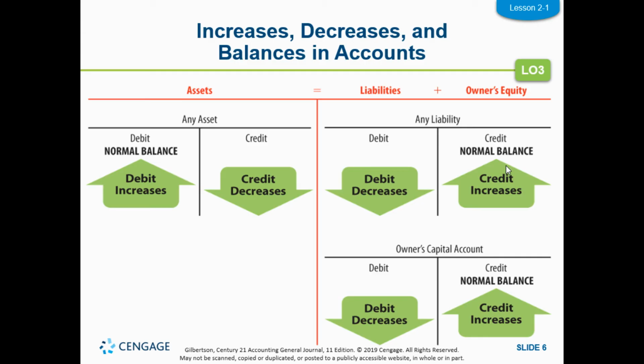Okay? But there you go with that. Owner's equity, same thing. If we want to increase, the normal balance is on the credit side for owner's equity. If we want to increase owner's equity, we credit it. If we want to decrease, we debit. Now, if our customer comes in and pays off their bill, right, we decrease the liability, we would debit or decrease the liability.